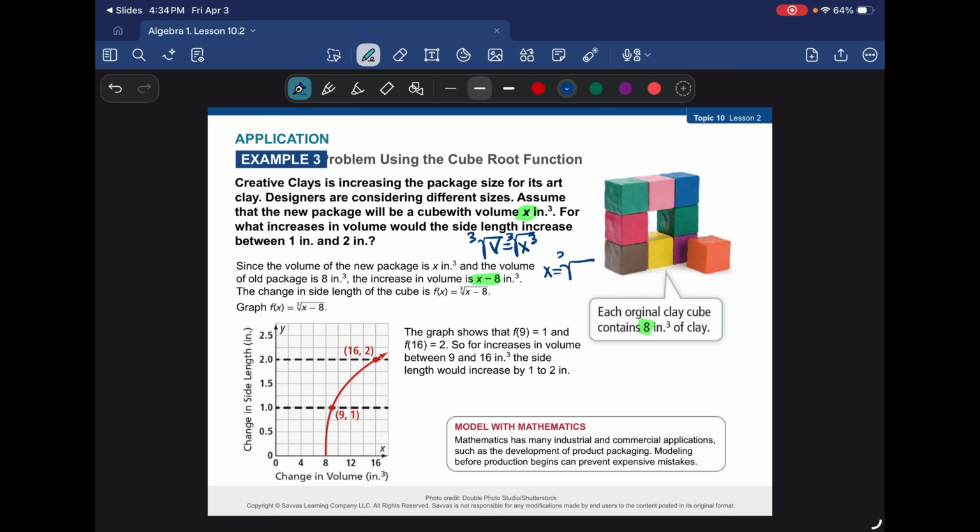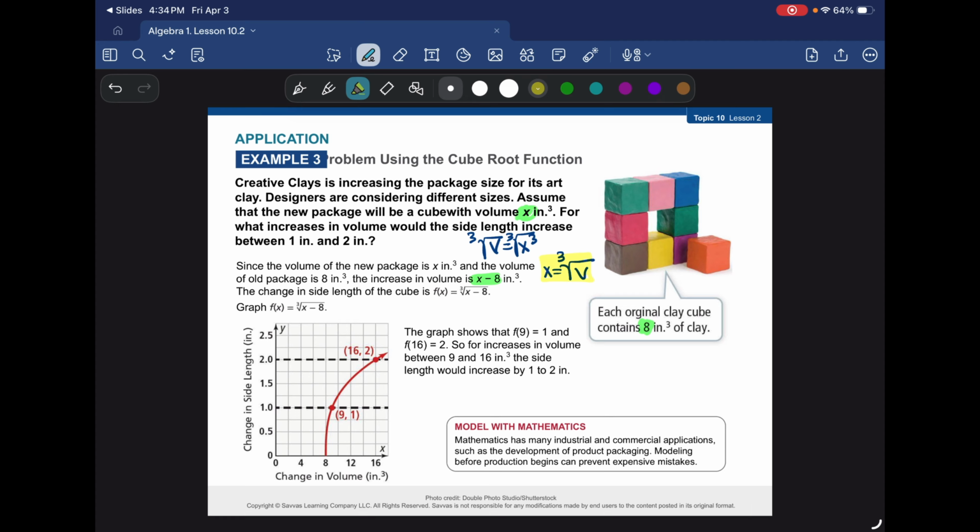This is a part that they don't tell us, but we need to understand the relationship between side length and volume. Since we're given the volume and we're looking for side length, we need to use our formula of taking the cube root of the volume to get side length.